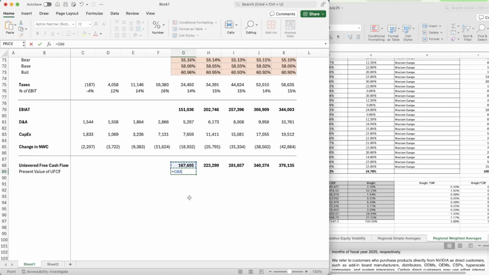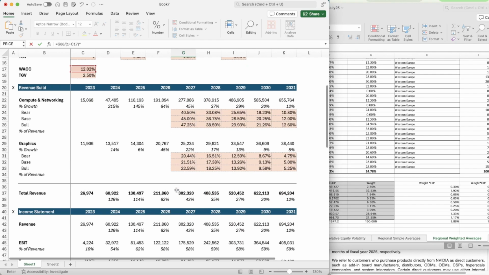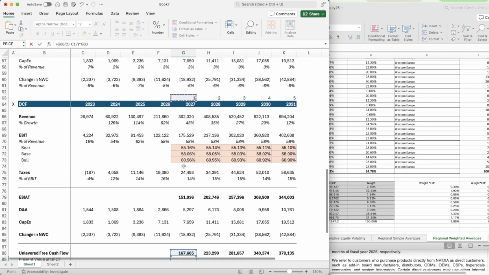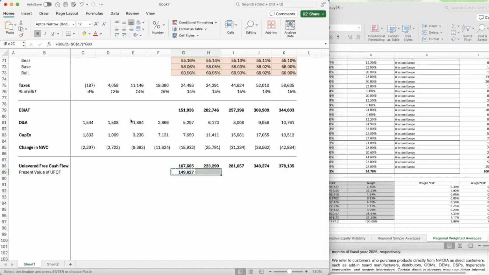We do that by taking the unlevered free cash flow and dividing it by 1 plus your WACC, close brackets, to the power of the year that we're in. Remember to lock in the WACC, because we're going to pull it along. So that's our present value of unlevered free cash flow.